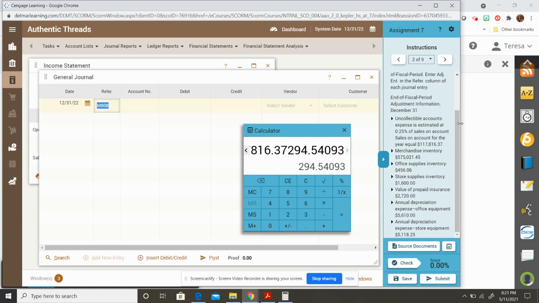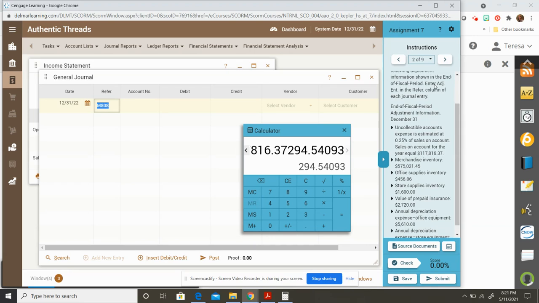According to your instructions, we are going to enter the adjusting entry, adding ADJ ENT in the reference column for each journal entry. Then my account number, and again, if you don't remember your account numbers, you need to go back into chapter 15.